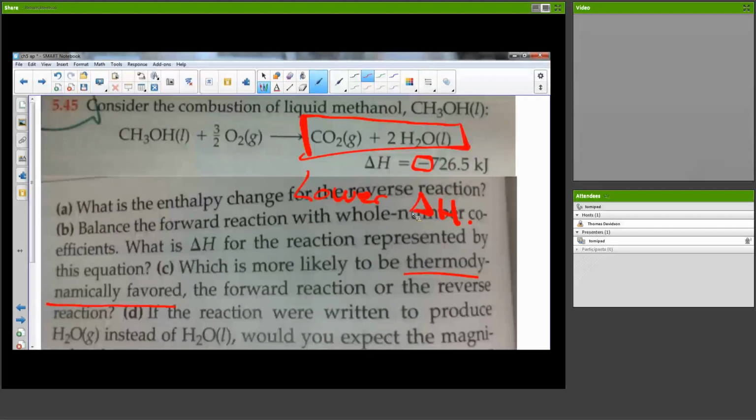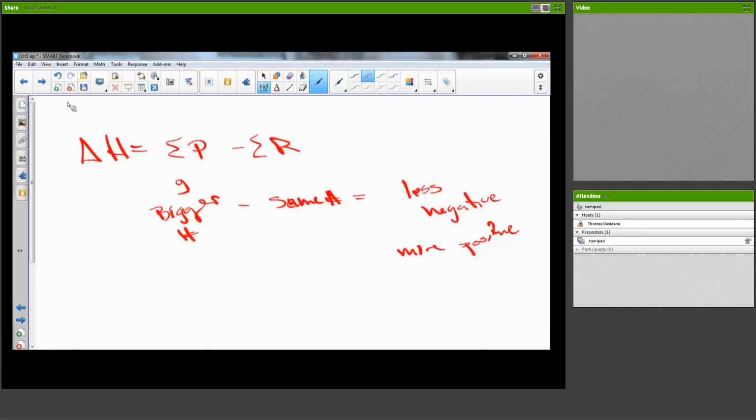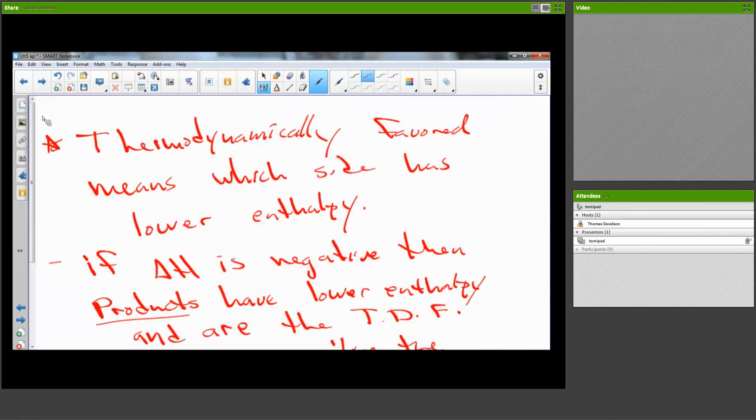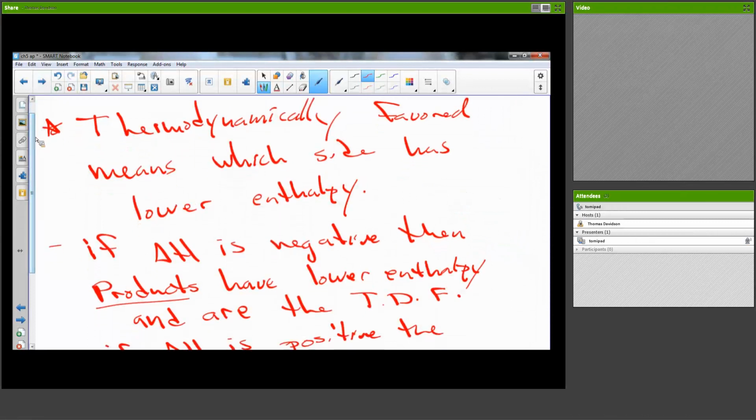Now, we already went over this earlier, except we were defining it as the one which had more, so it's kind of annoying. But write this down. Hopefully I didn't delete this slide. Okay. So the first thing, the thing with the star, is what thermodynamically favored means. And then the next two are your nuggets.